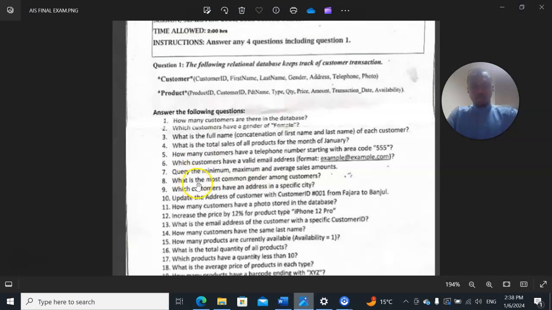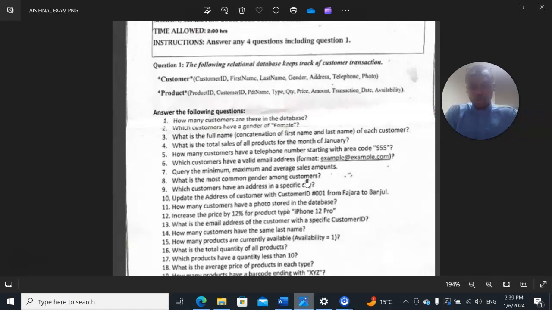Now let's look at question number 8. What is the most common gender among customers? So we want to identify which customer mostly purchases a commodity, whether it is the female that purchases this commodity frequently, or the male.